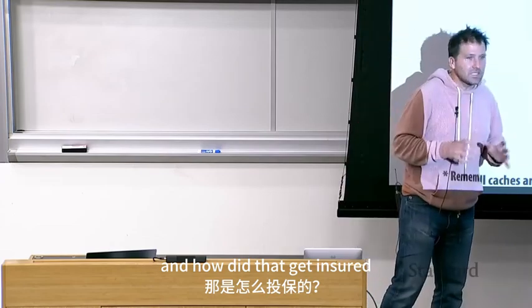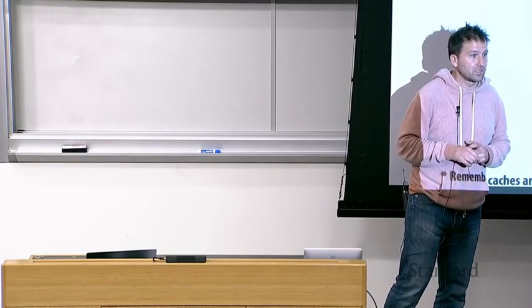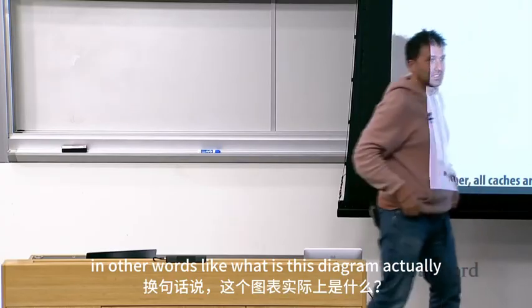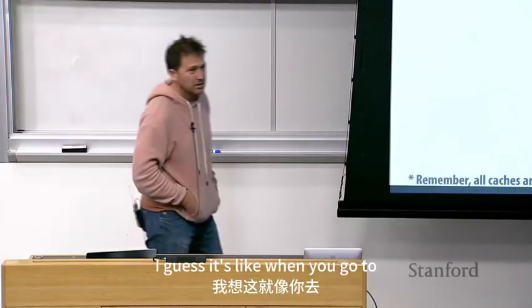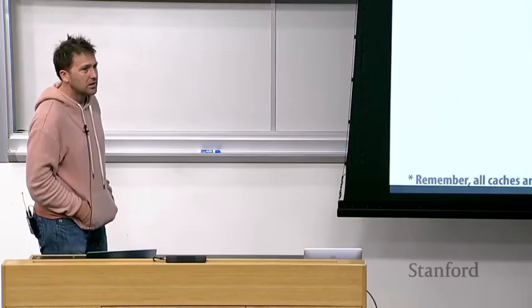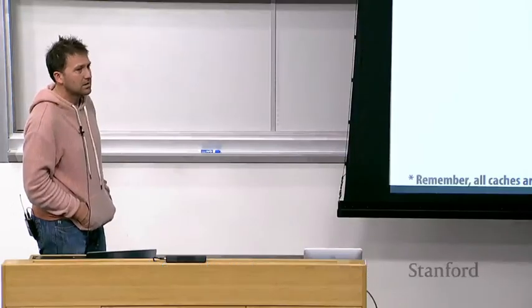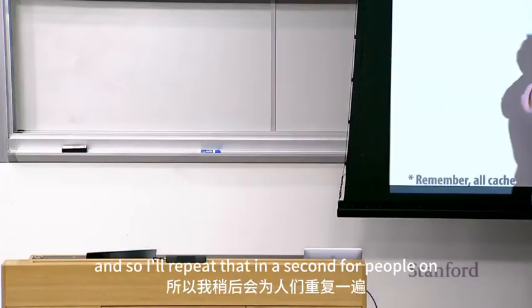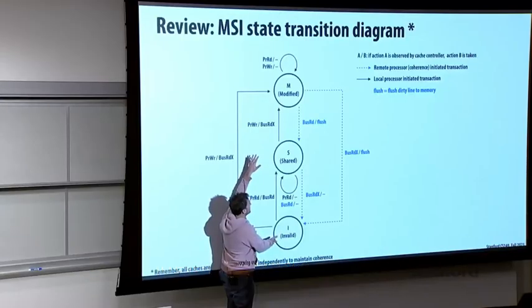And how did that get ensured? In other words, what is this diagram actually doing? Well, I guess when you go to the false react, all the other ones go down. Okay, good, I'll repeat that in a second for people remote.